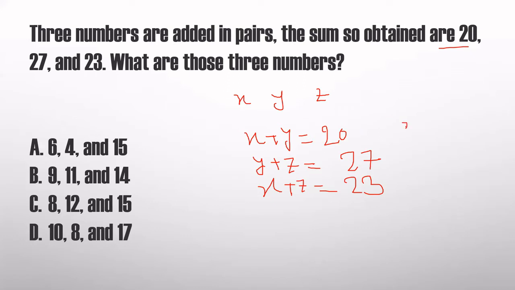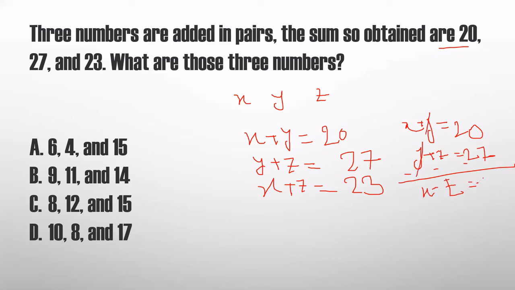If we take x plus y equal to 20 and y plus z equal to 27, and we subtract these two equations, we will get x minus z equal to -7.